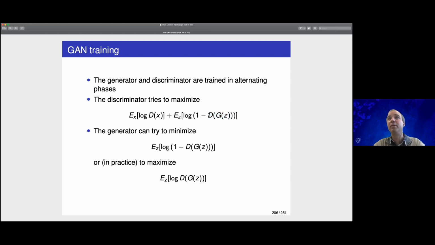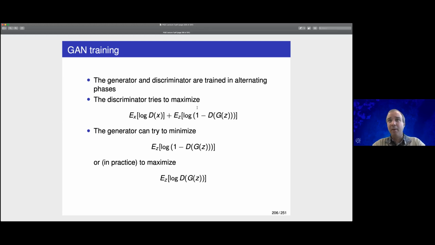So D is going to output 0 for the data that comes from the generator. For the generator, it is the other way around. The generator tries to fool the discriminator. So we want this to be minimized. We want this output of the discriminator on the input generated by the generator to be close to 1. So this is going to be minimized.